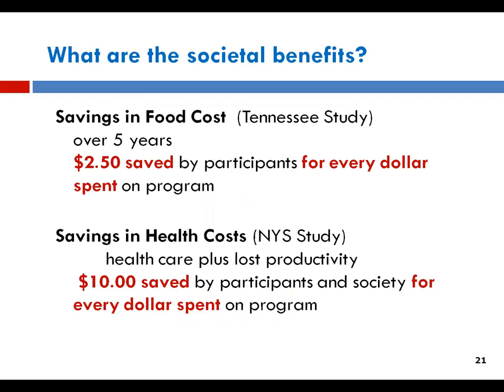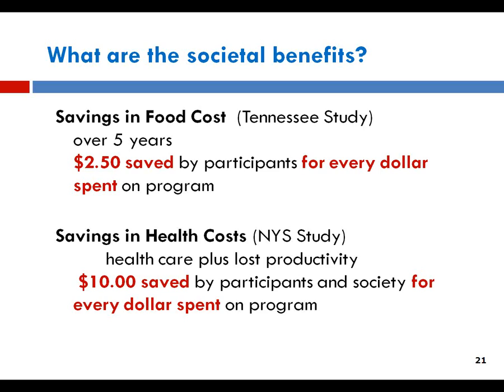What are the societal benefits? This comes out of two cost-benefit studies. One was from Tennessee, and it looked at the savings in food costs over 5 years, and it found that participants saved $2.50 for every dollar that was spent on the program. So that's a pretty good return on our tax dollars. In terms of health costs, this study was done here at Cornell.